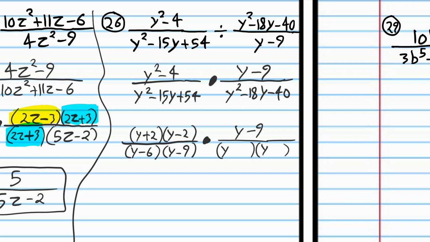What two numbers multiply to -40 and add up to -18? That's not one of our multiplication facts, but I think it's going to be -20 and +2.